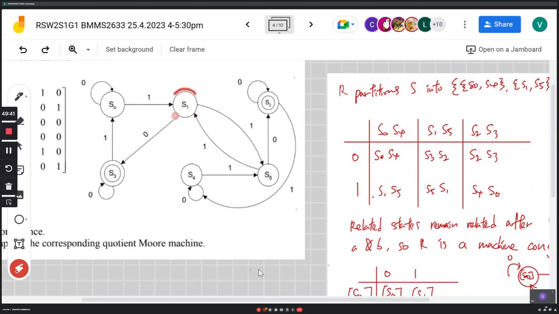For S1, input 0, go to S3. Input 1, go to S5. So we have 3 and 5 here. S5 also the same. Input 0, go to S2. Input 1, go to S1. So we have 2 and 1.